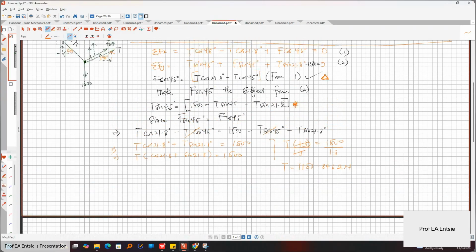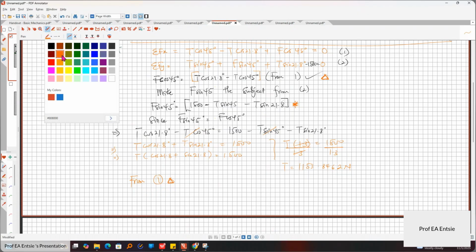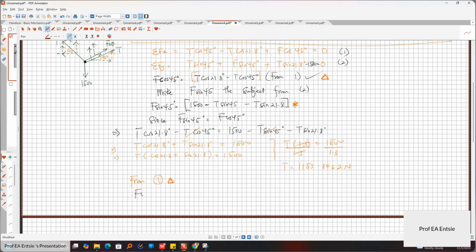Now that you've gotten T, you can find F. From equation 1, we can say F cos 45 degrees equals T cos 21.8 minus T cos 45.